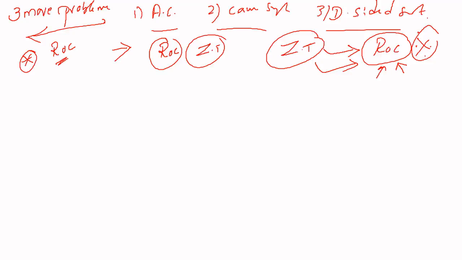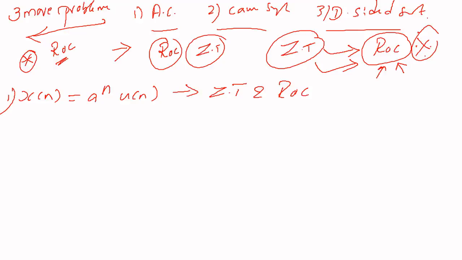So the problem is x of n is equal to a power n u of n. We have to find the Z transform as well as its region of convergence, right? So this is today's first question. From the question itself it's very clear, it's a unit step signal, and unit step signals are always positive sided signals actually.